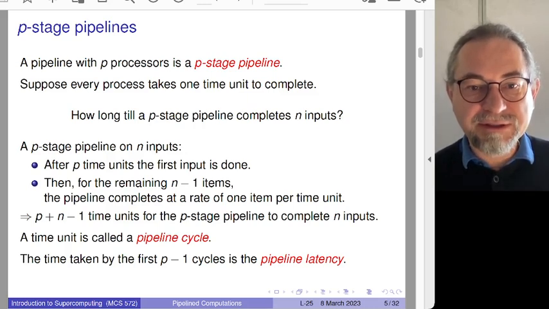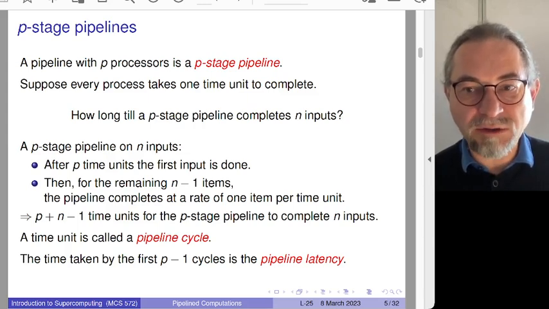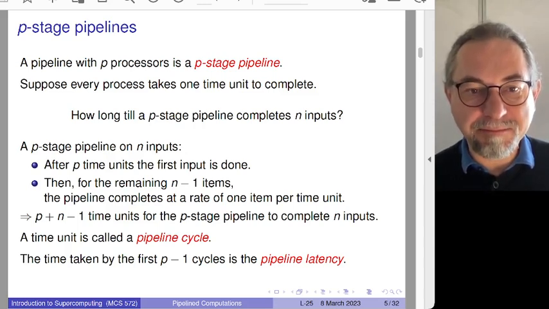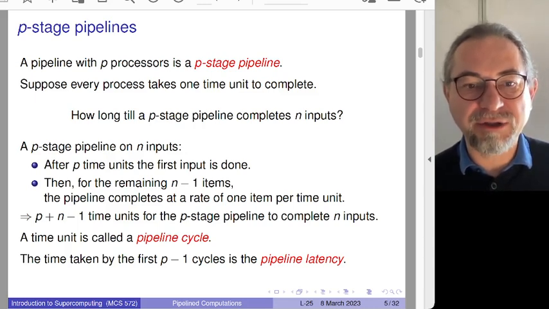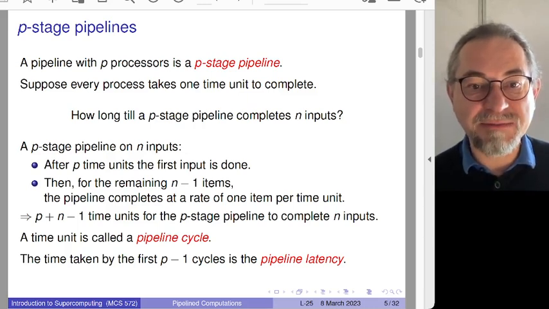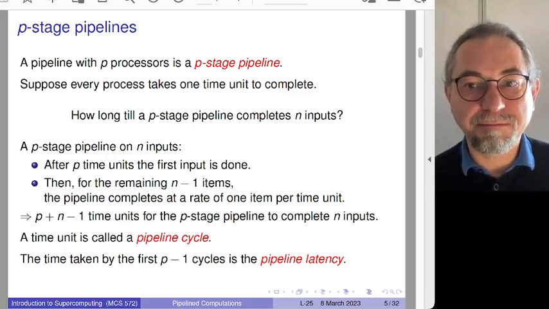And after this first item is done, the remaining n minus 1 items only occupy 1 time unit each. So we have a parallel execution time of p plus n minus 1 time units. So that is the entire time it takes for the pipeline to complete n inputs.